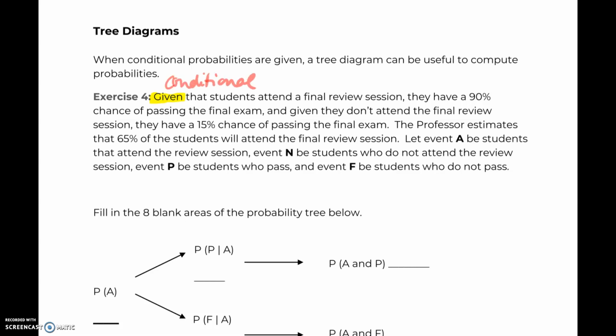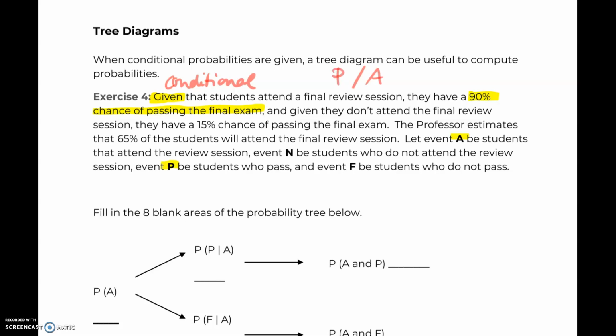Well, given is always an indication that we have conditional probability, right? So this is where we put in our slash, given that the student attended a final review session. And down here we have A is the event that the student attended a review session. So given A, they have a 90% chance of passing the final exam. And we call P passing.